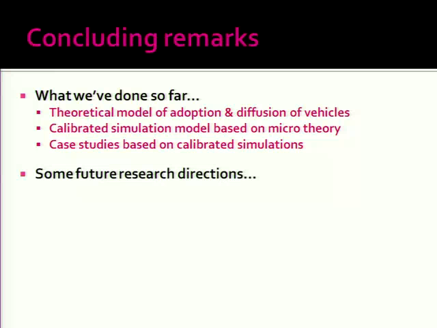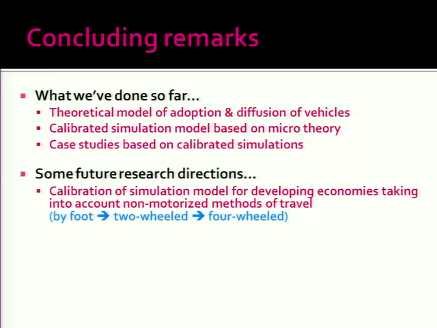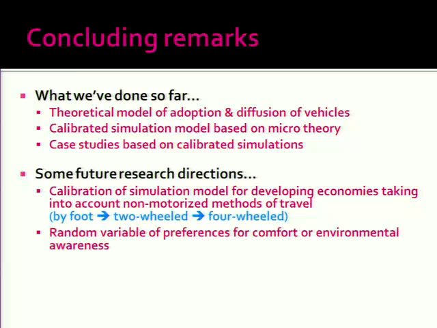And there are still some more things that we would like to do. So for example, as I said, calibrated for developing economies. How do we model the transition from foot traffic to two-wheeled traffic that is maybe motorized or non-motorized, and how does that switch over into the adoption of four-wheeled vehicles? And then more randomness, or accounting for more of the differences in the individual side on their preferences for comfort or environmental awareness.